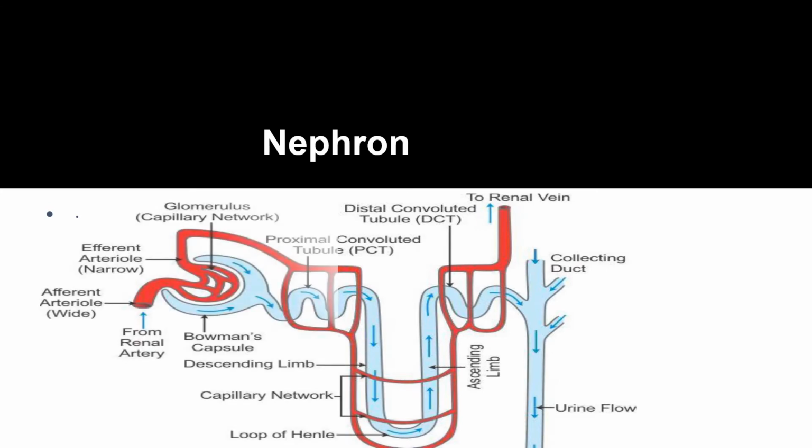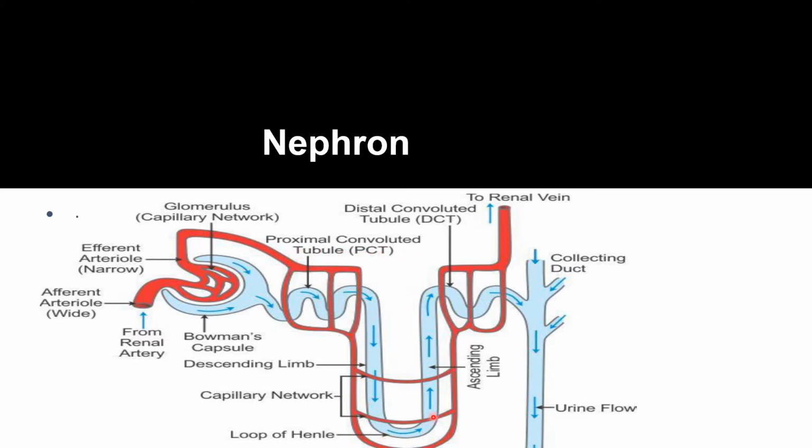In this image, you can see clearly the parts of the nephron. This portion is called Bowman's capsule, and from here to here, this region has convolutions, so it is called the proximal convoluted tubule.